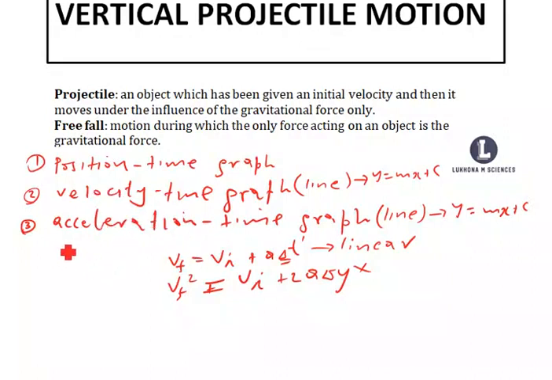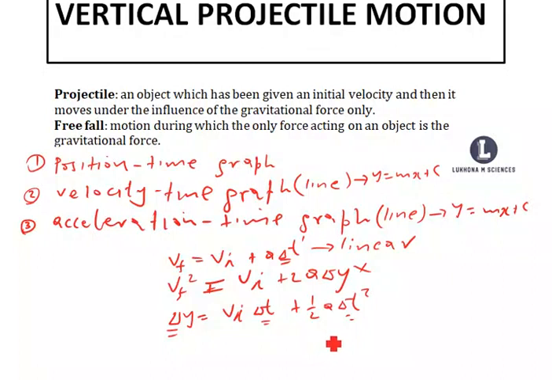Then we have another equation which says delta y is equal to initial velocity delta t plus 1 over 2 a delta t squared. If you look at this one, it has the position, that is delta y, and the time, which means this one is for the position.